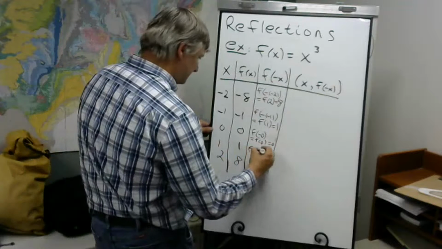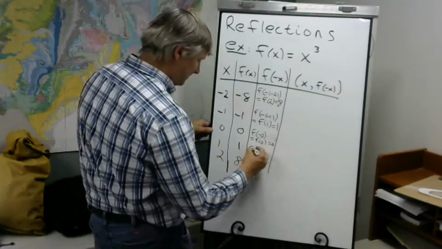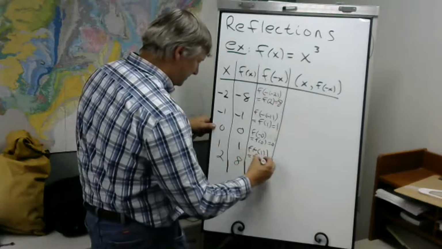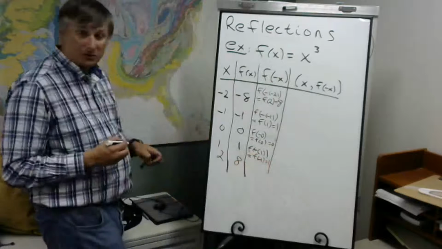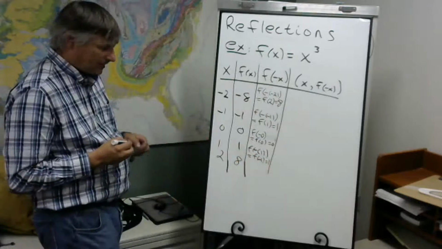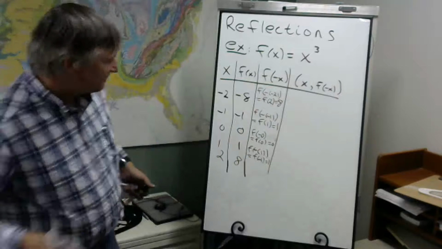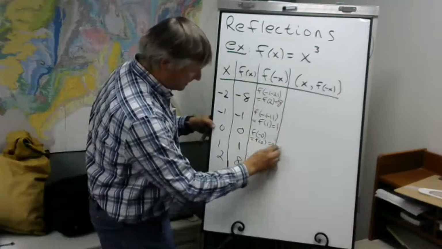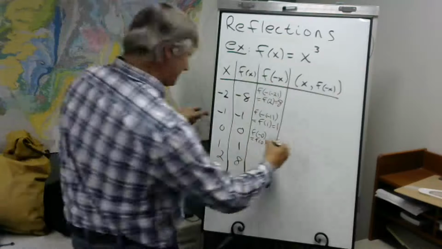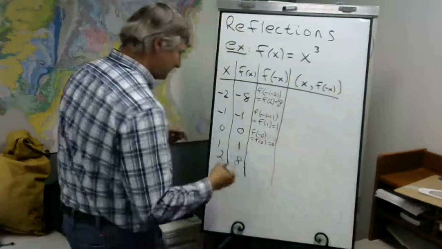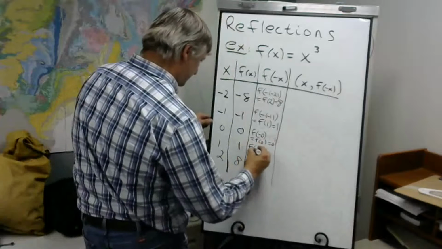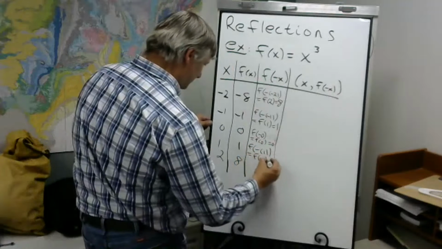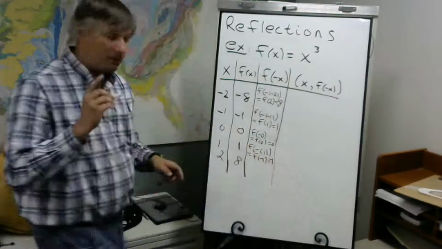F of -1, I'm sorry, negative applied to 1. F of -1, or just 1. So f of -1, which was minus 1, not 1, minus 1.